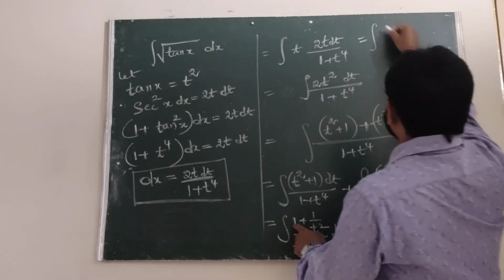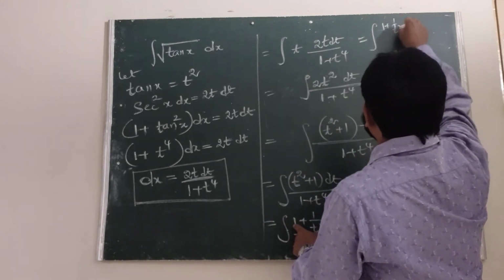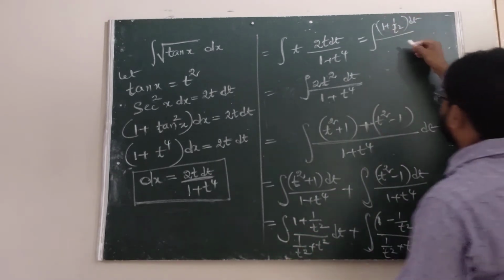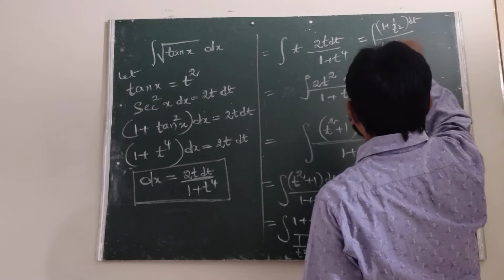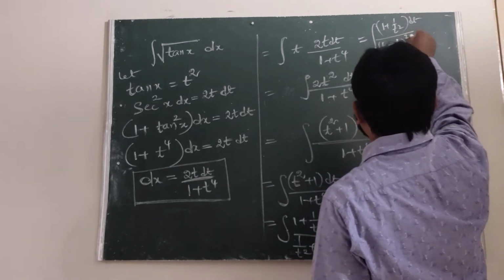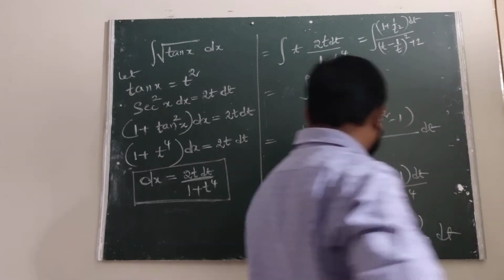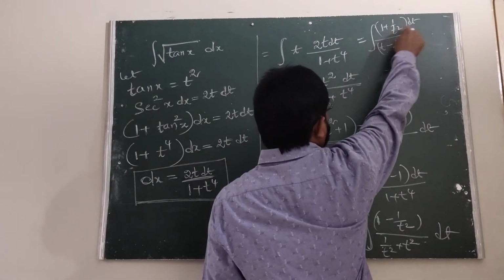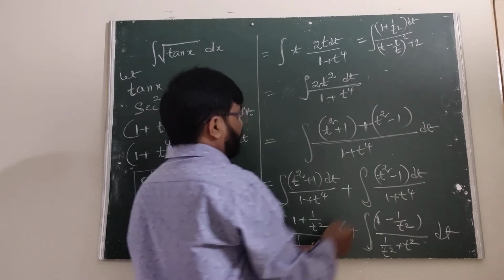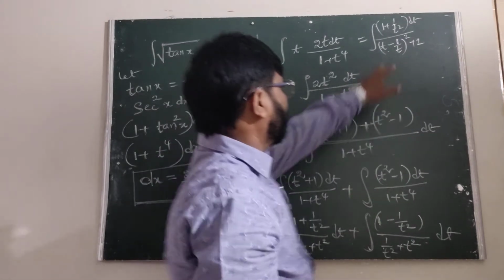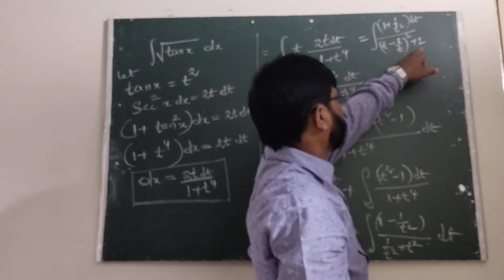Now we can write 1 plus 1 by t square dt upon t minus 1 by t whole square plus 2. Is it clear? Here a square is this one, b square is this one, and minus 2 plus 2 are cancelled.